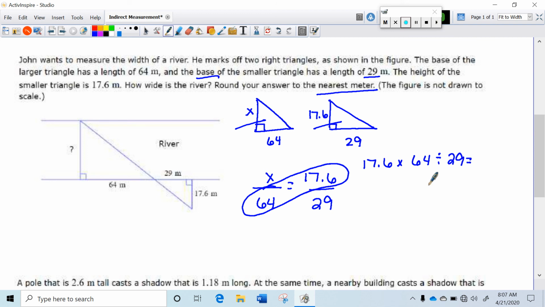When you do all those calculations, you get 38.8. But it said to round to the nearest meter. Okay, because the number after the decimal is larger than a 5, you have to add 1 to the number in front of it. So it's not going to be 38, because 38.8 is actually closer to 39 when you round it. So we're talking about 39 meters here as the answer.